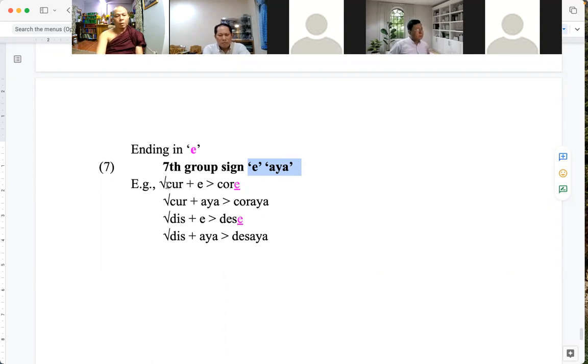So root cur, the sign is e. So we have the core. So related to the seventh sign, please remember this note.